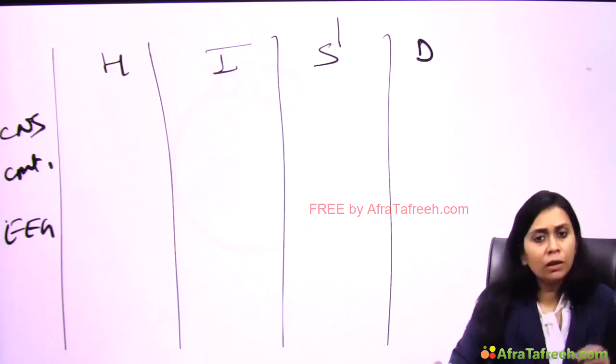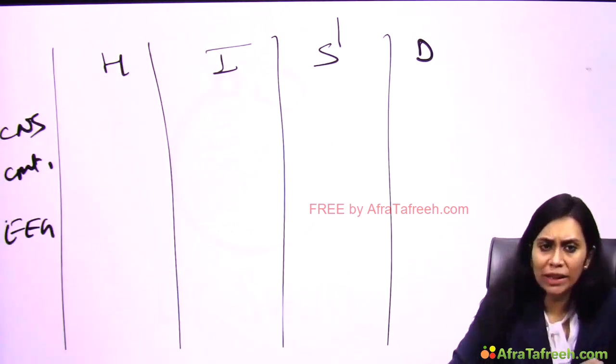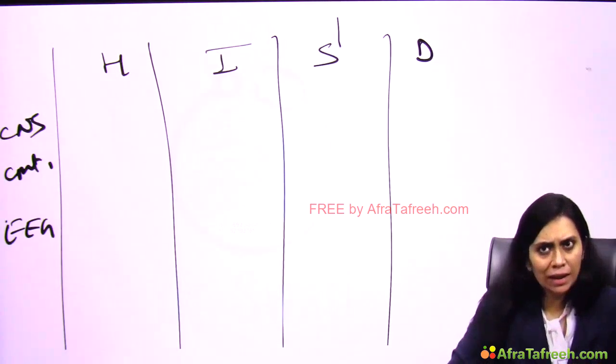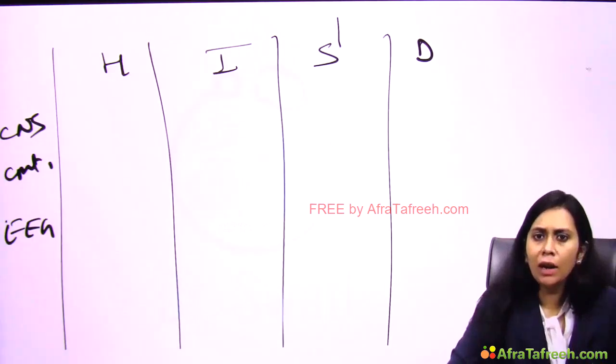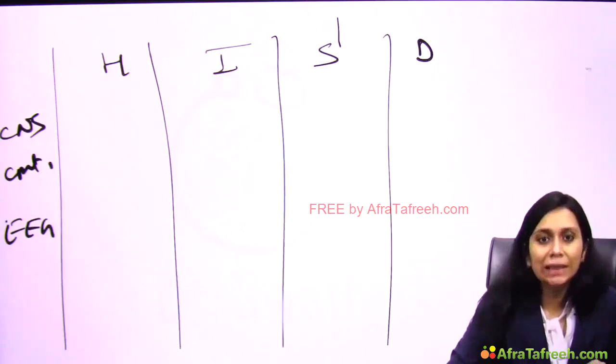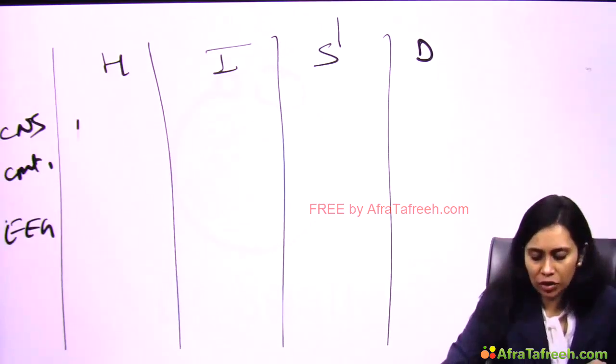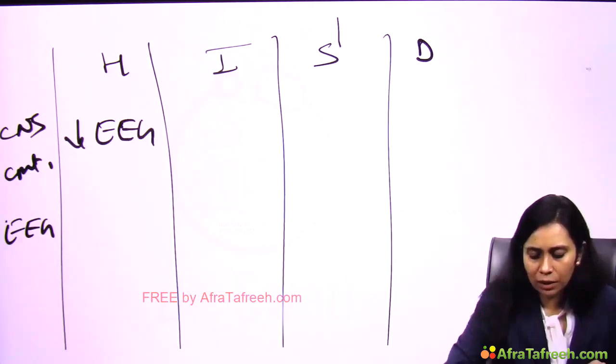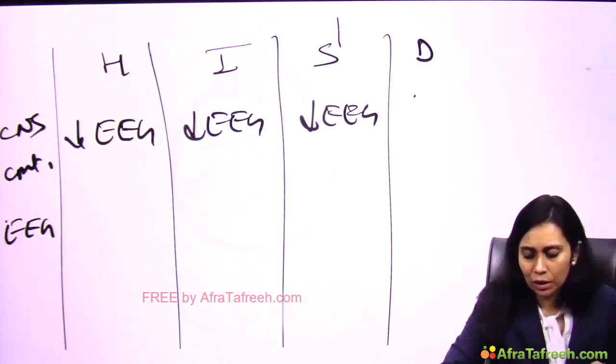Electroencephalogram. We all know if brain activity is more, EEG increases. If it is less, EEG decreases. All inhalational and intravenous anesthetic agents decrease EEG activity because they all decrease the brain activity. They all do the same thing. EEG decreases.